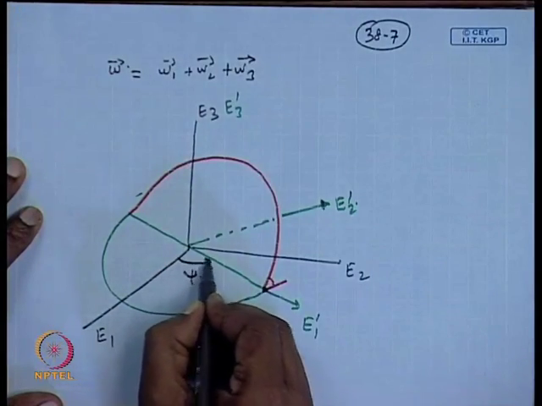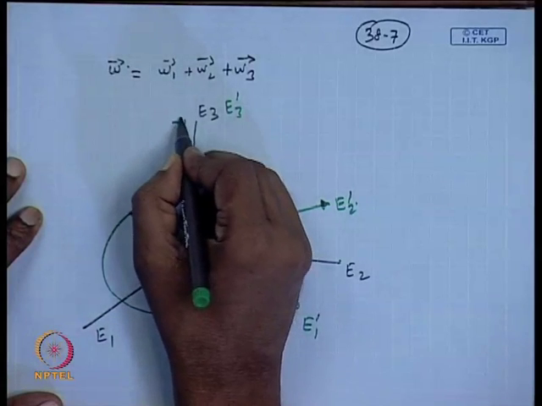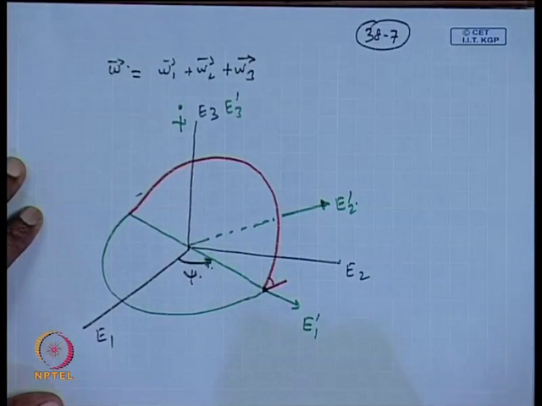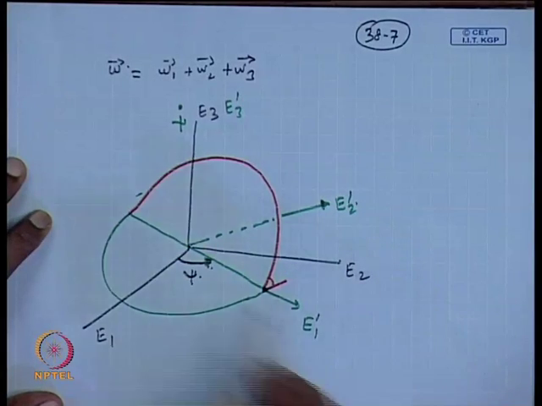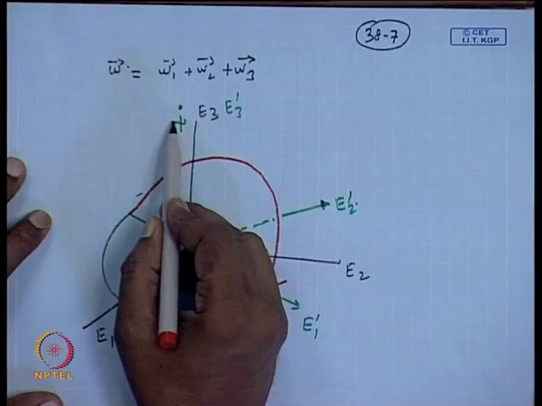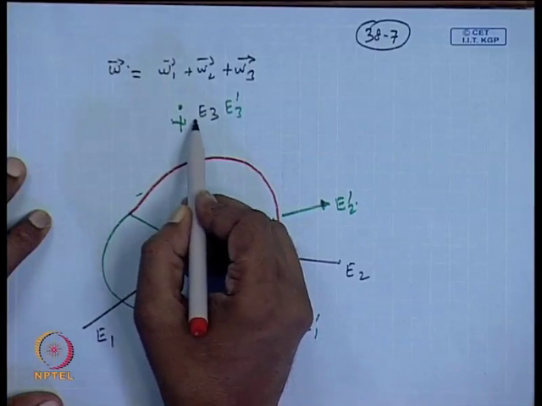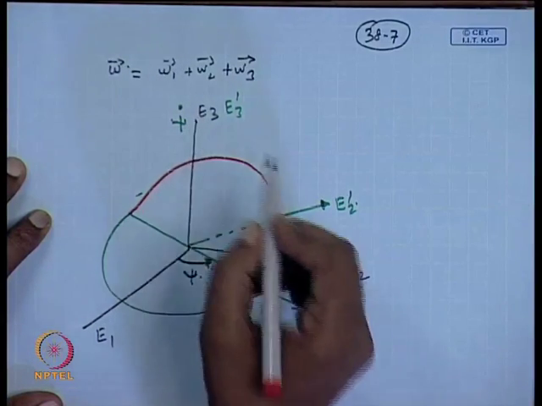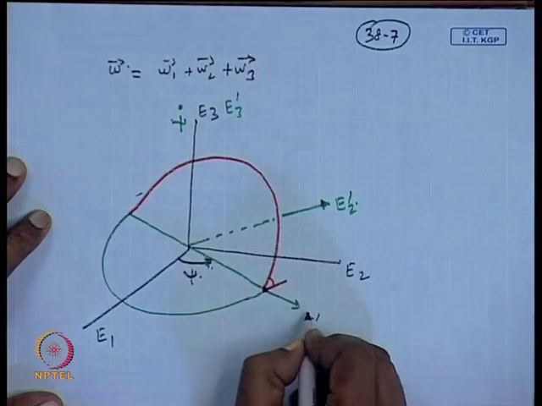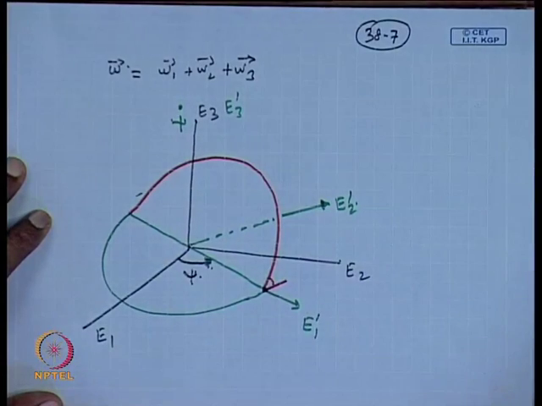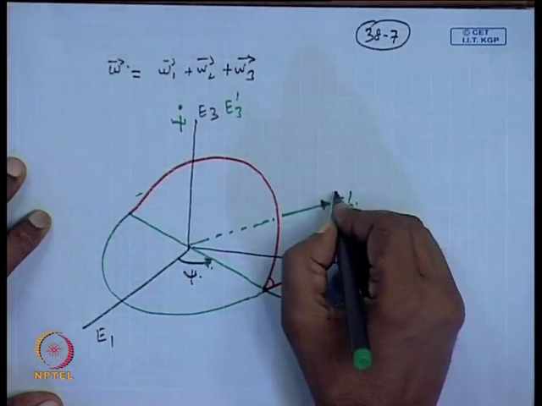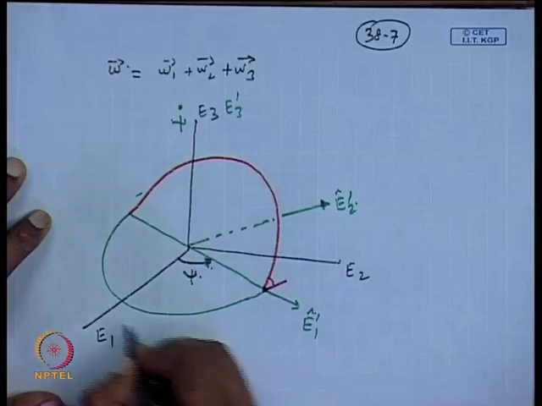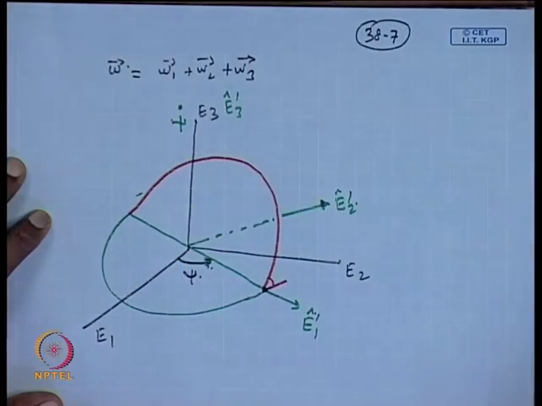So this has rotated by angle psi here, so psi dot will be present here in this place. The next rotation we are giving by theta. Remember psi dot is a vector directed along the E 3 direction, and we can put the cap to indicate that these are unit vectors.